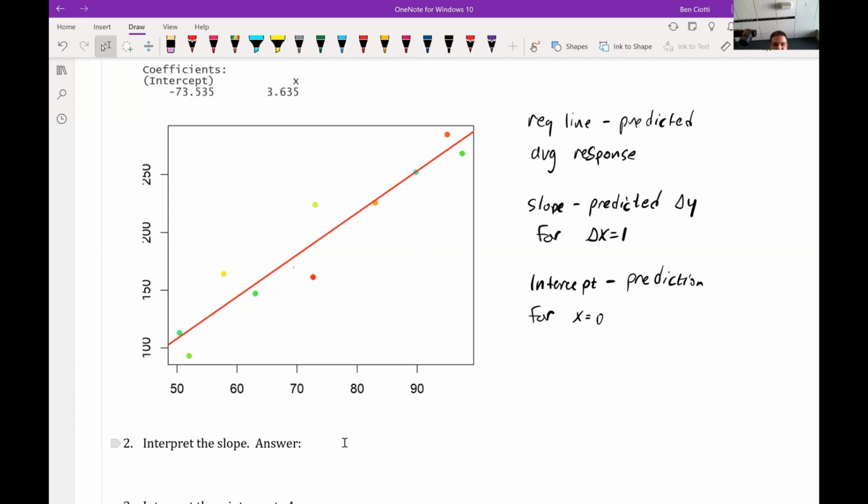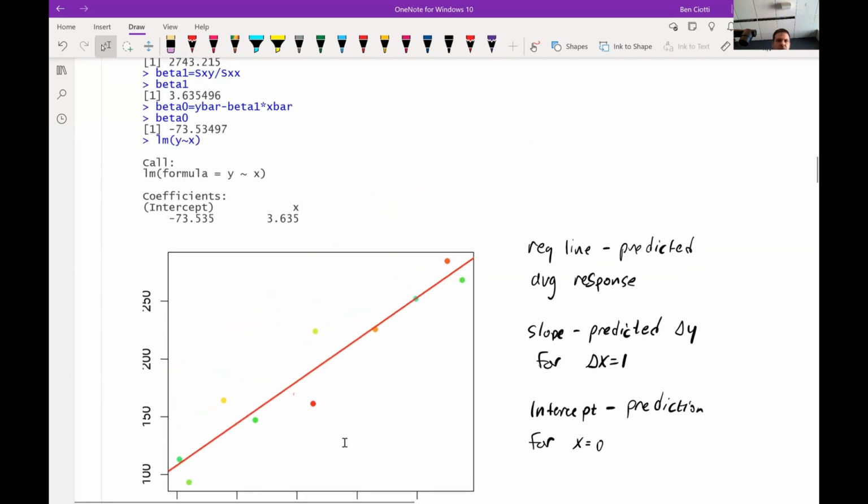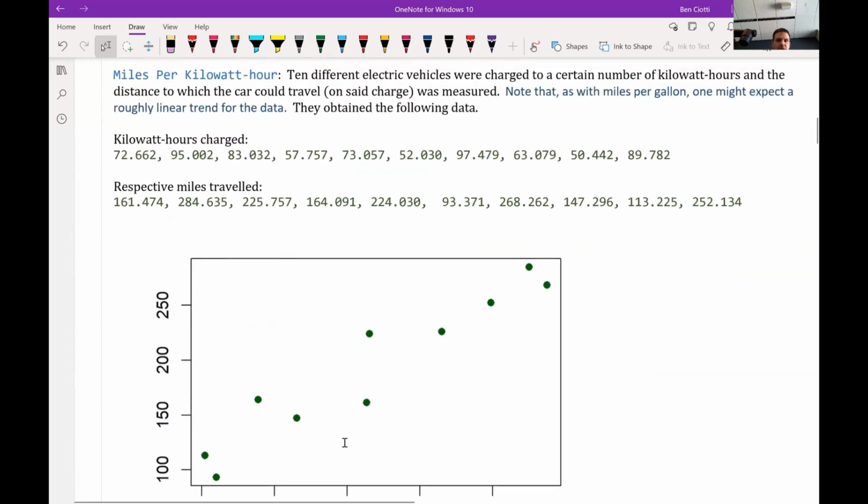Yeah. So for every additional kilowatt hour of charge on the battery, the car can go an additional 3.635 miles. Or, yeah, I think it was miles, right? Yeah, miles.